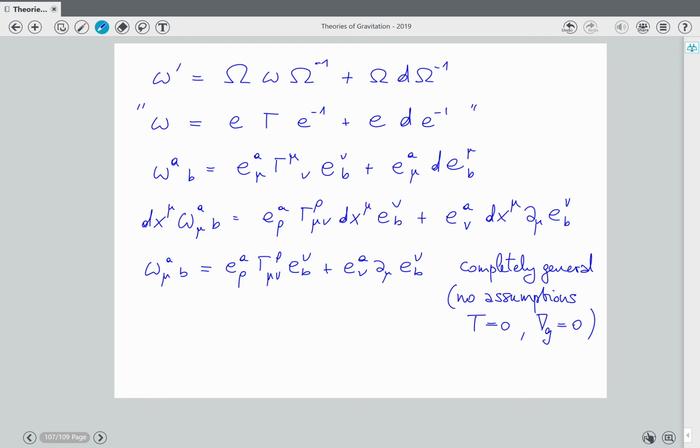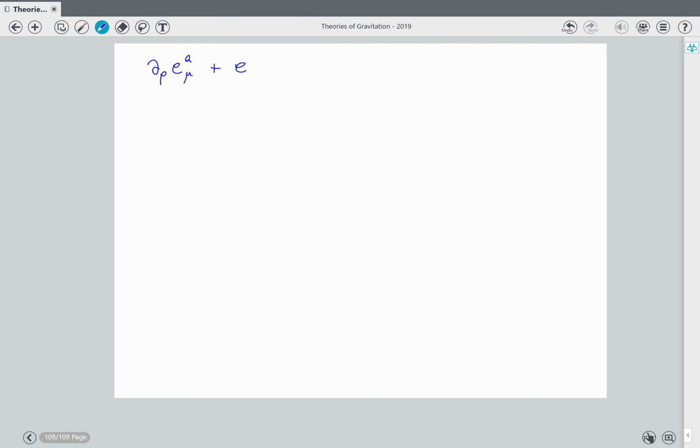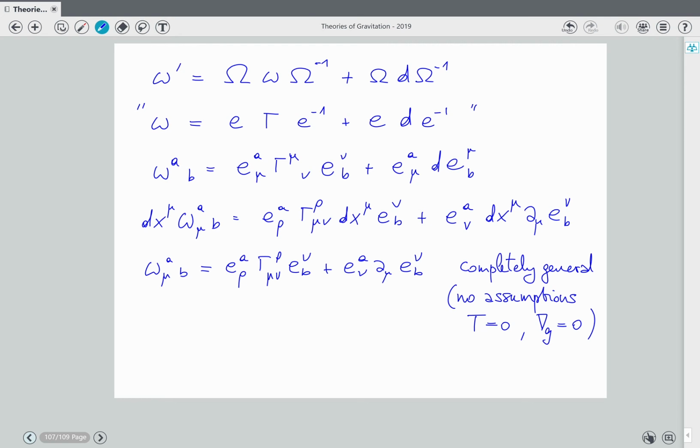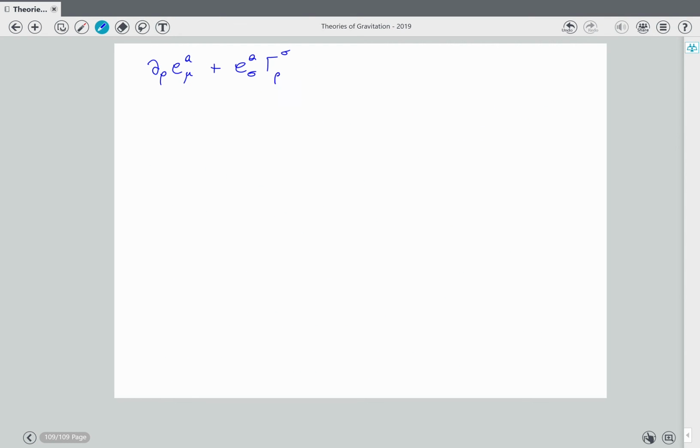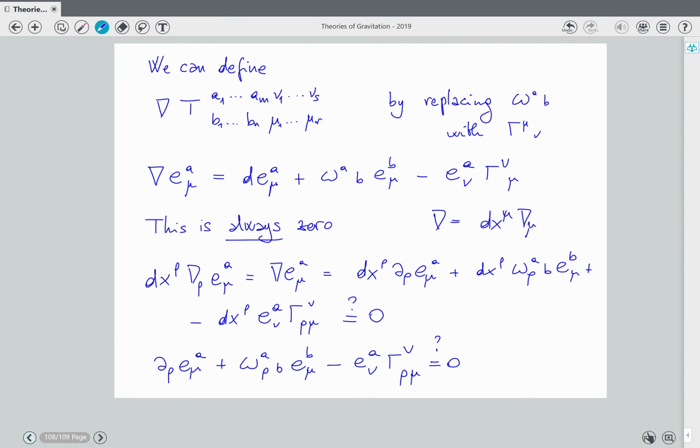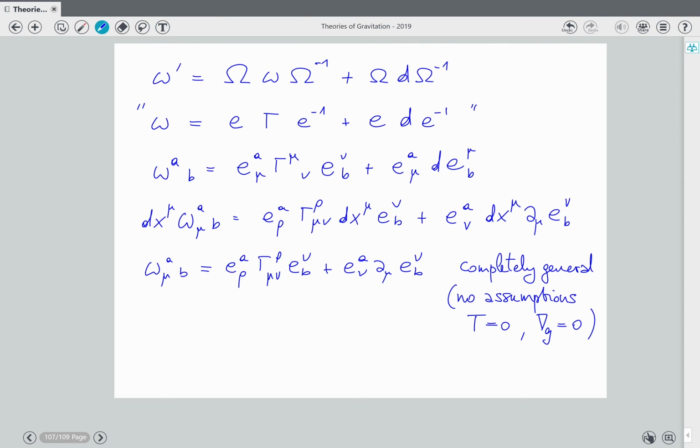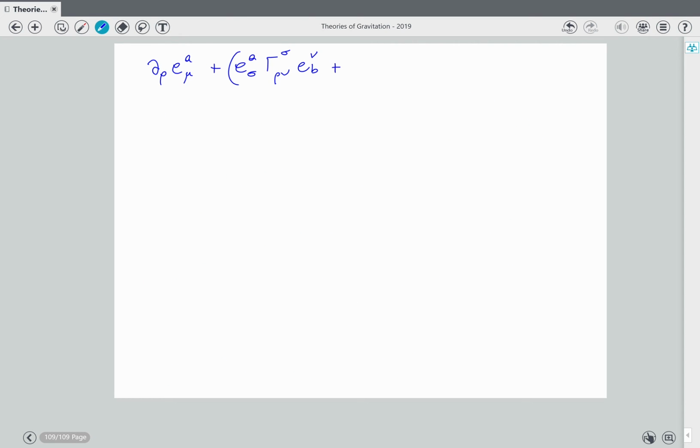We have E A sigma gamma sigma rho nu E nu B, okay, plus this thing, E nu sigma partial rho E A sigma, something like that.